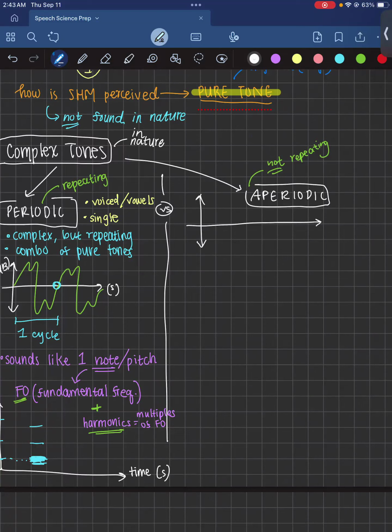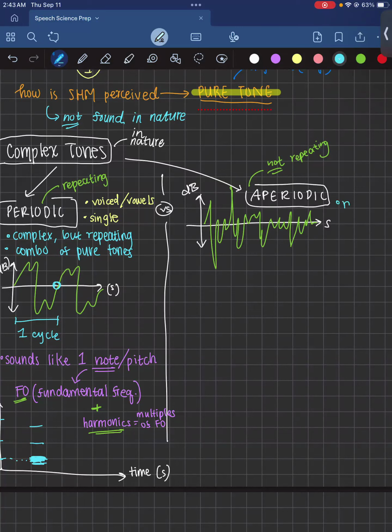So if I have my waveform again, so remember we label our axes, it does not have a repetitive nature to it. So it's just going to look like some sort of craziness, right? And in reality, when we record speech samples and research and everything, this is what it kind of looks like.